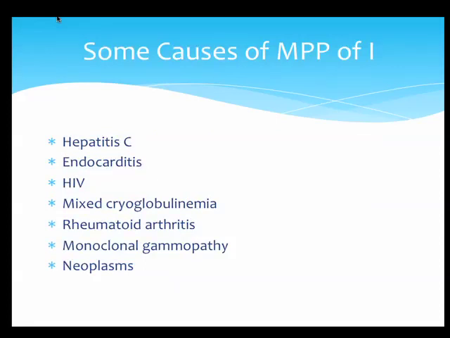This slide represents some of the causes of membranoproliferative pattern of injury. In particular, patients with this pattern of injury should be investigated carefully for the presence of hepatitis C infection, because there's a strong association between hepatitis C infection and this particular type of glomerular disease. Patients with endocarditis can have this pattern.